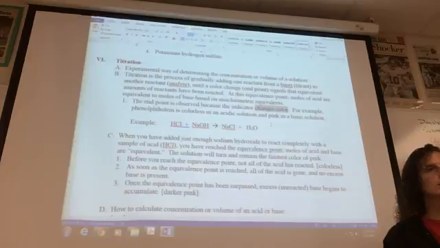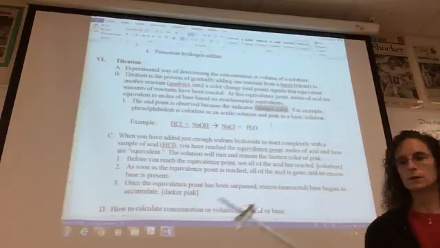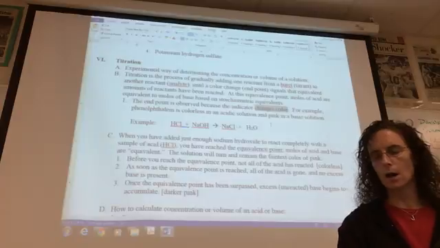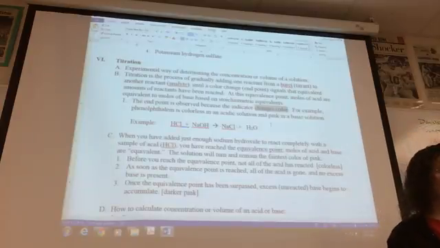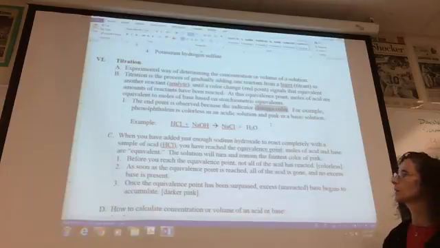So initially you'll put your phenolphthalein in acid, it will be colorless, and then you will add base until you get the slightest pink color. When you get that slightest pink color that remains, that's your end point. And at that point, you've reached the equivalence point where millimoles of acid and base are equivalent. I'll explain the millimole concept to you in just a minute.